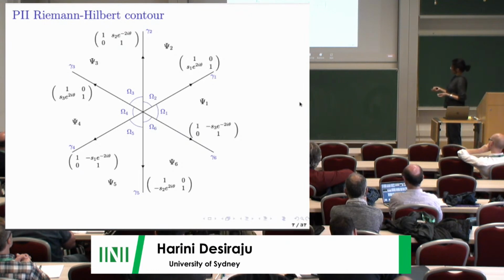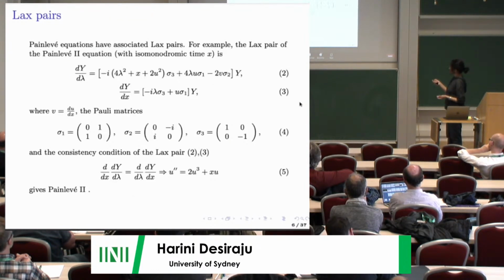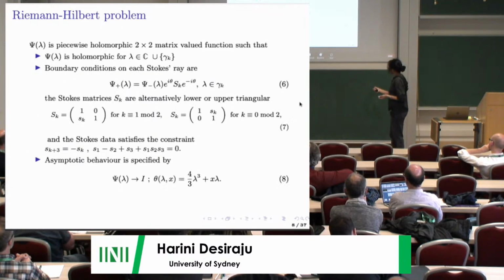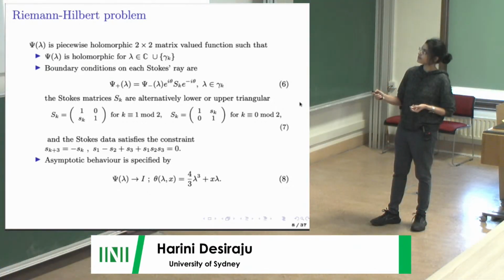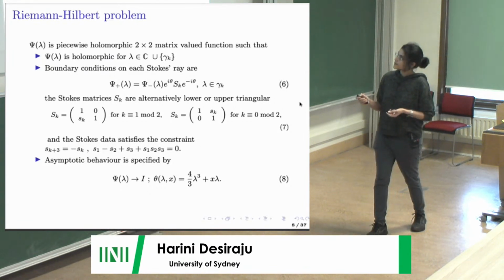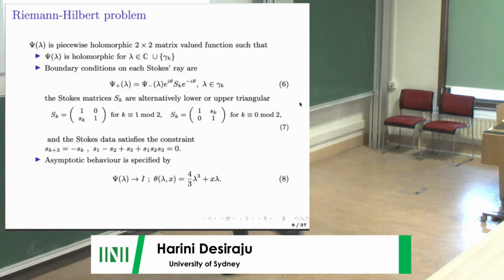So the Riemann-Hilbert problem for this solution: this solution is actually multi-valued because of this theta. So you can define a single valued function, which is psi, which is just y times the exponential of this term, which is here. And you can define it in the following way. Psi is piecewise continuous, so it is defined in each of the Stokes sectors.